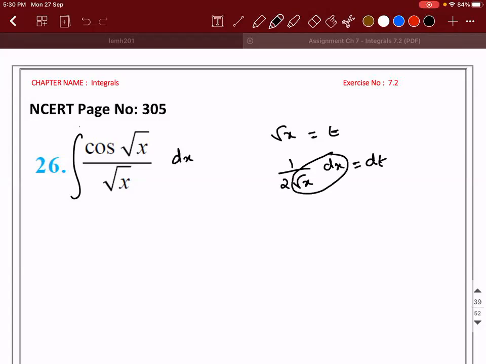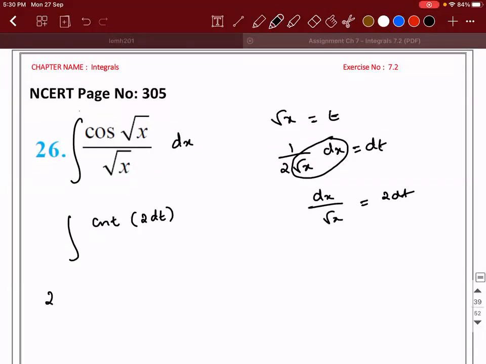So dx by root x will be 2 dt. So integral of cos t into 2 dt. So 2 into sine of root x plus c will be the answer.